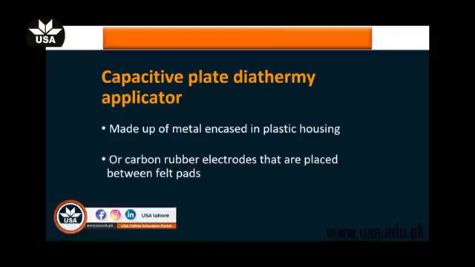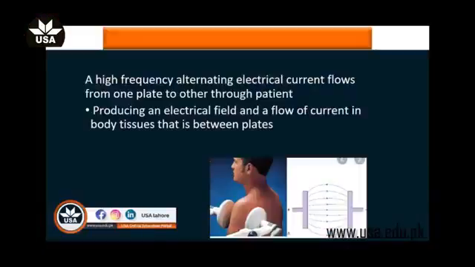The capacitive plate diathermy applicators are basically made of metal encased in plastic housing or carbon rubber electrodes that are placed between fat pads. A high frequency alternating current flows from one plate towards another through the patient.